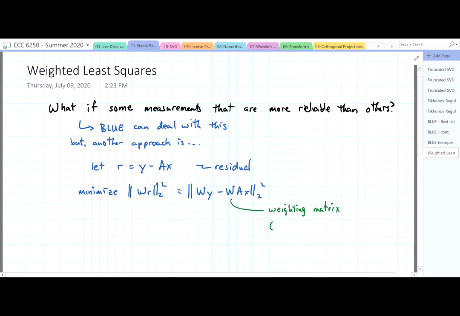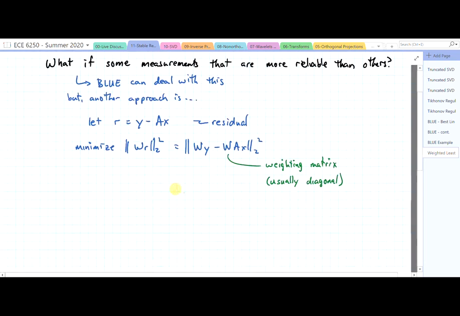And it's usually diagonal. In other words, if there are measurements that you want to give more weight to, you use this weighting matrix.